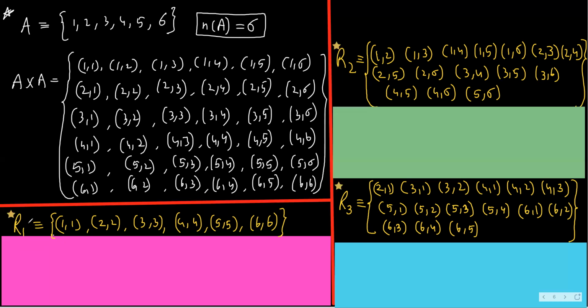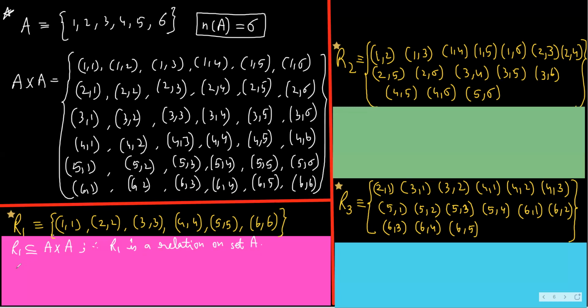These elements are in set A cross A. So since all these elements are in A cross A, you say R1 is a subset of A cross A. I'll write here: R1 is a subset of A cross A, therefore R1 is a relation on set A. No need to write binary relation. It is understood. It is a binary relation on set A.